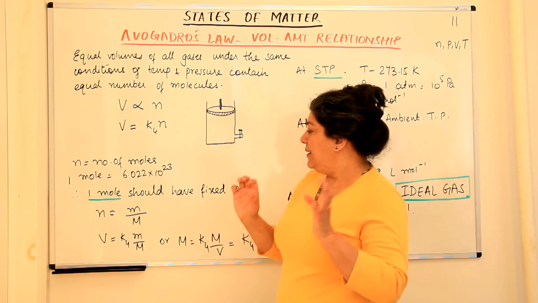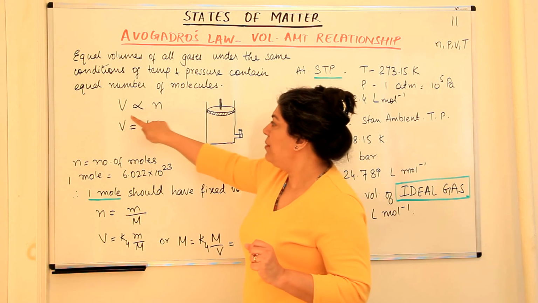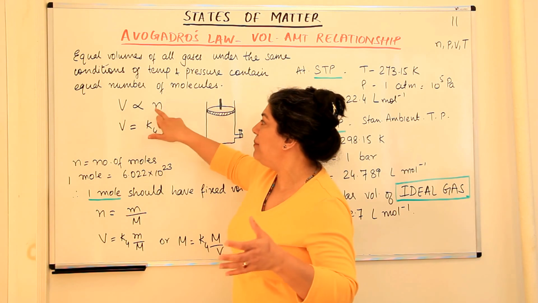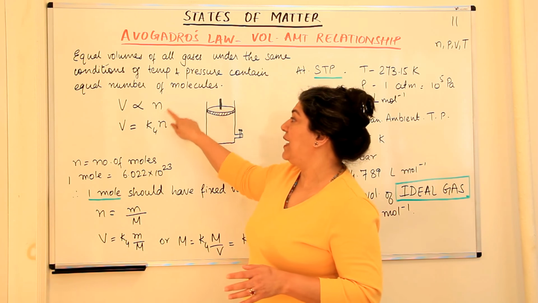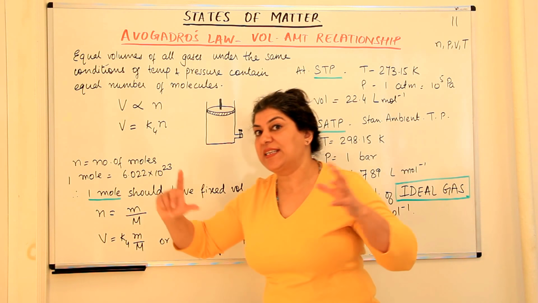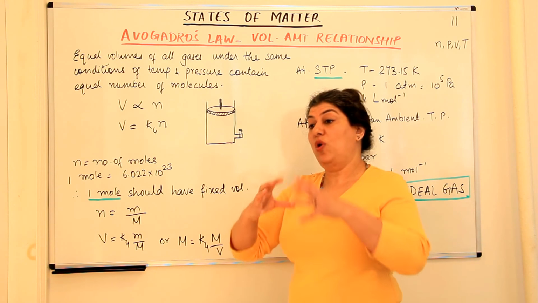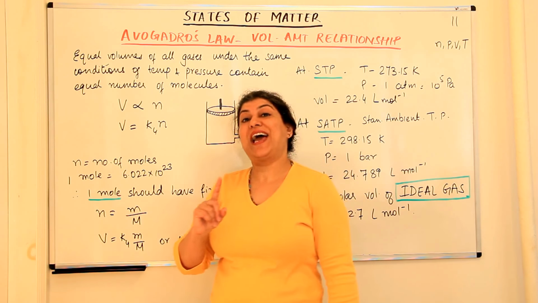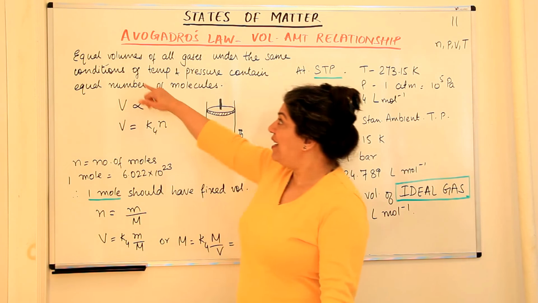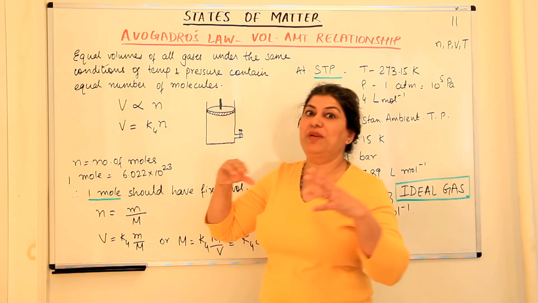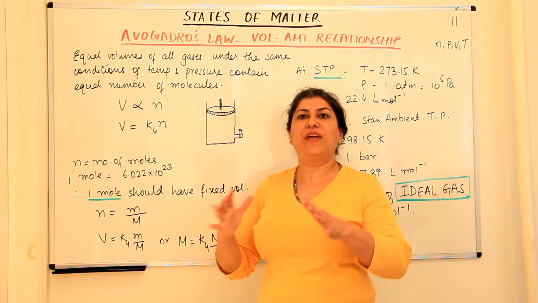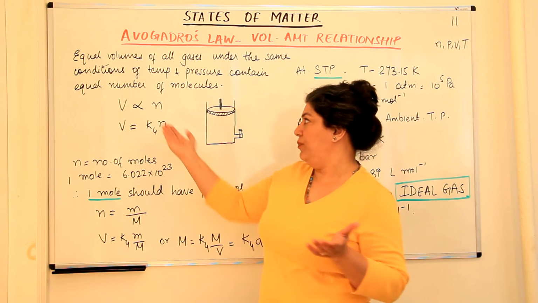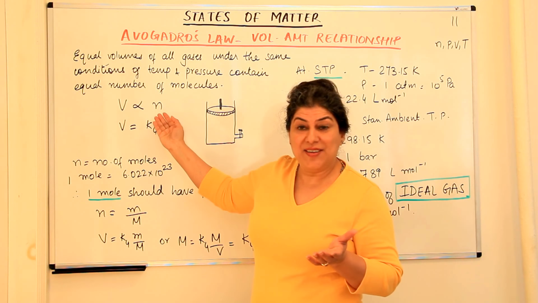Having understood that, when we say that equal volumes of different gases have the same number of molecules, then 1 mole of different gases at the same temperature and pressure should have the same volume, because after all they are directly related.